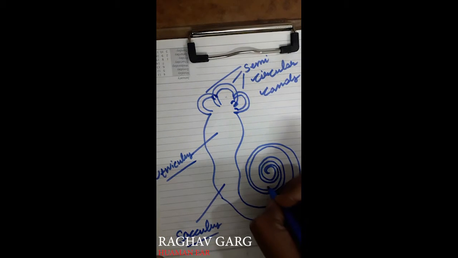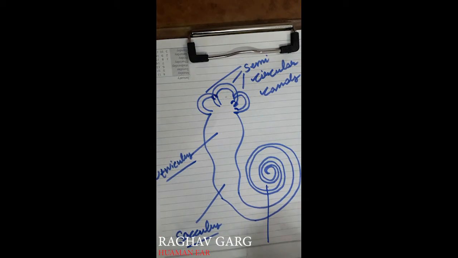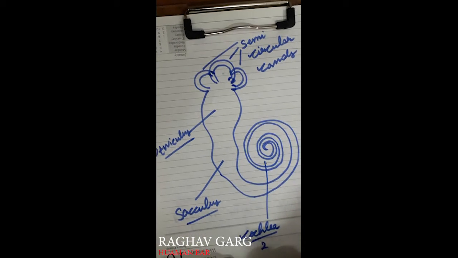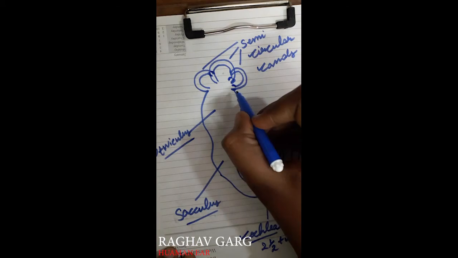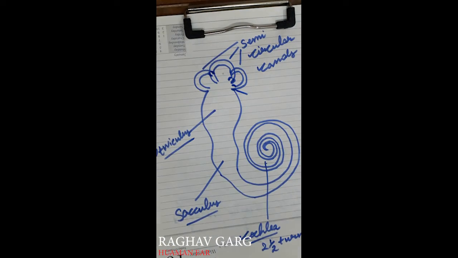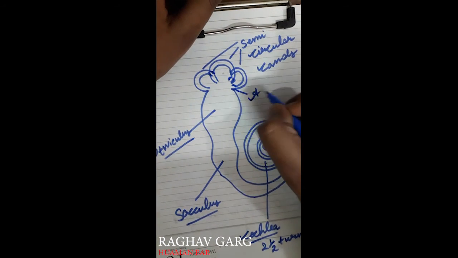And now we have to mark this as the cochlea because it has 2.5 turns, and these white parts, I just told you, are the ampulla.